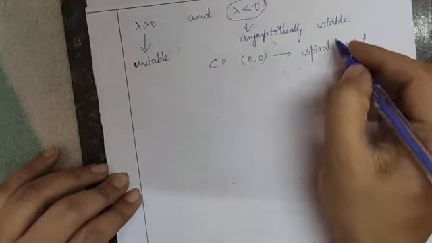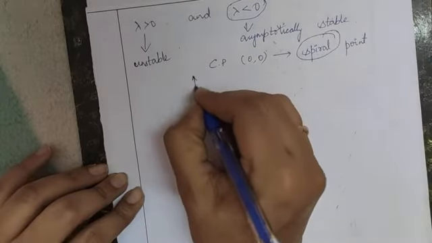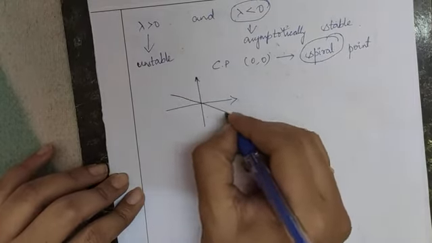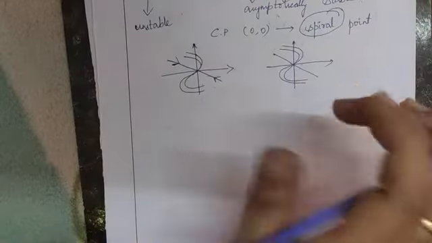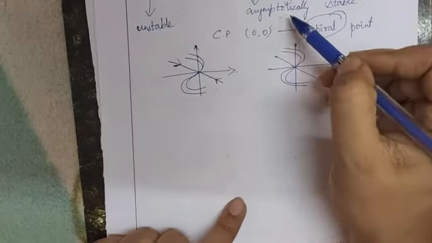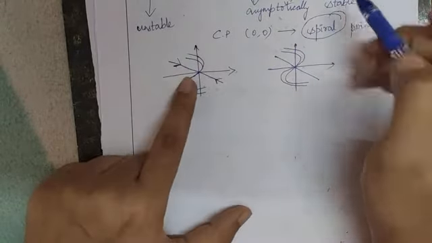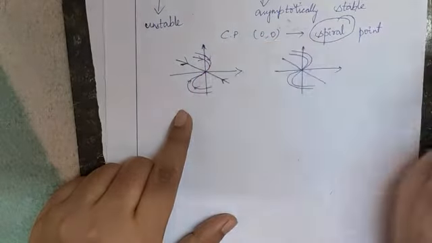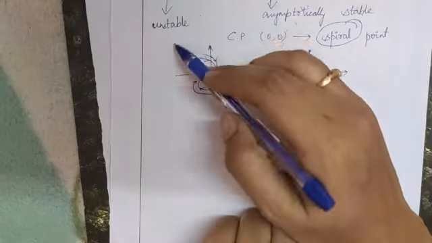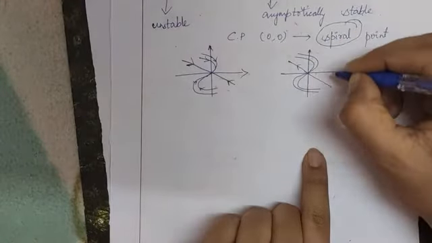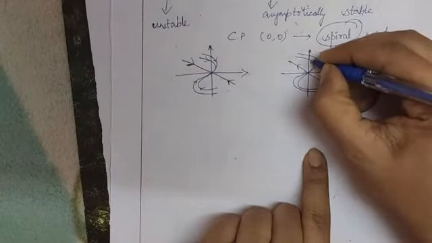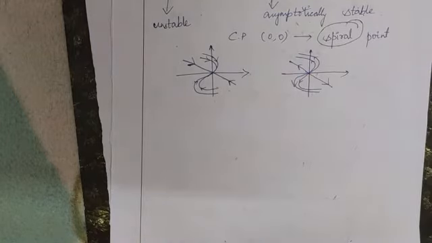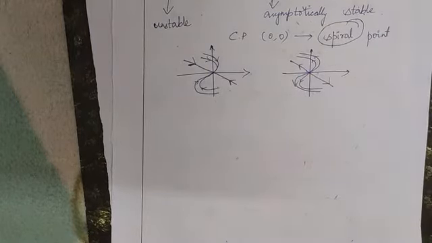Obviously, as the name indicates, I can write this graphically as this. So when lambda is less than 0, it is asymptotically stable, so towards the origin, right? When lambda is greater than 0, it is unstable, so away from the origin. So this is in the case of improper node.